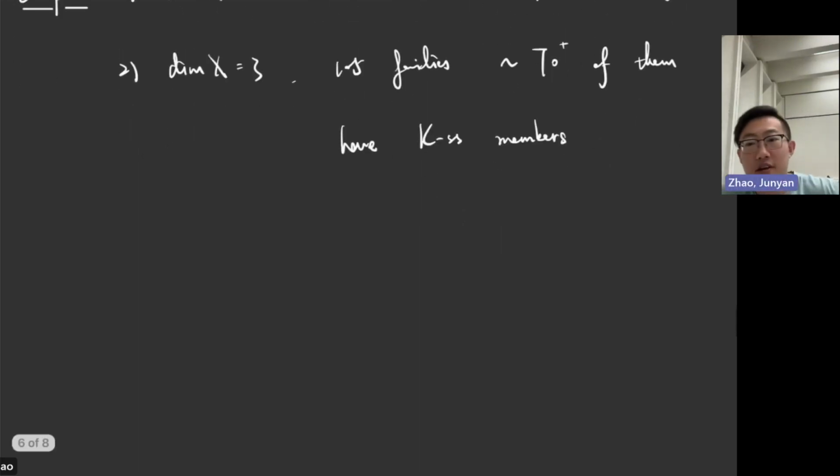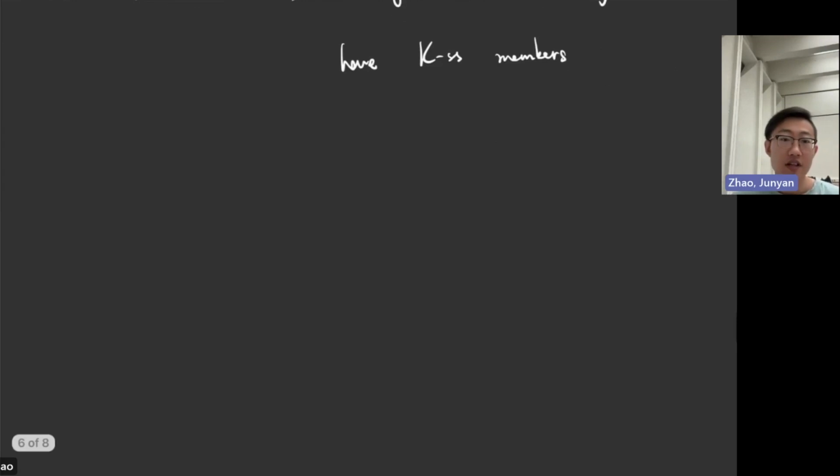Okay. This is something about K-stability. But for us, the important thing is K-stability can be used to construct a moduli space of log Fano pairs or Fano varieties. So this is the K-moduli theorem contributed by a lot of people.